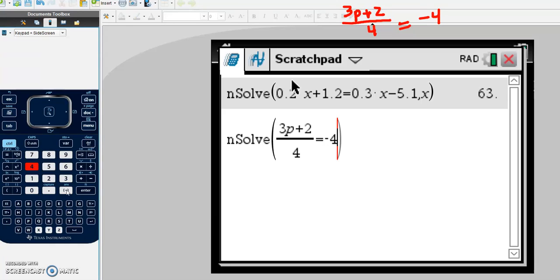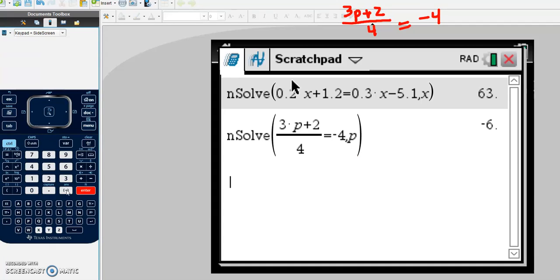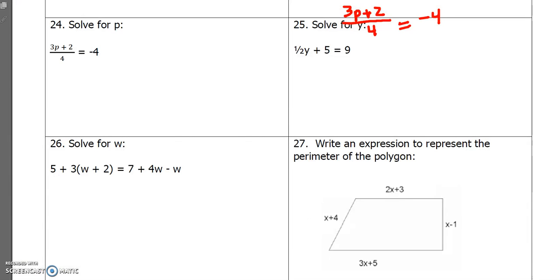And remember, we need a comma, and this time our variable is p, so we'll put a comma p there, and then we can hit enter, and our answer came out to be -6. So let's put our paper back up. And so here p is going to be equal to -6.